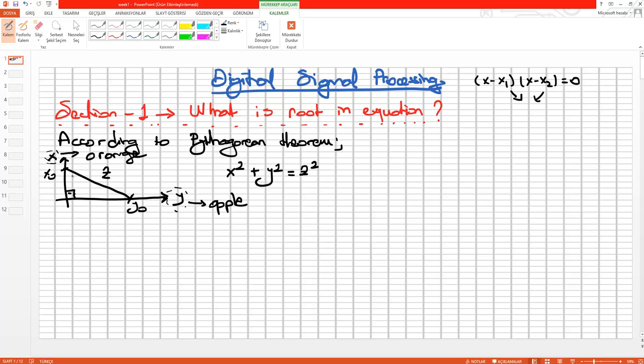Okay. And so these two features are separate from each other in the geometry.